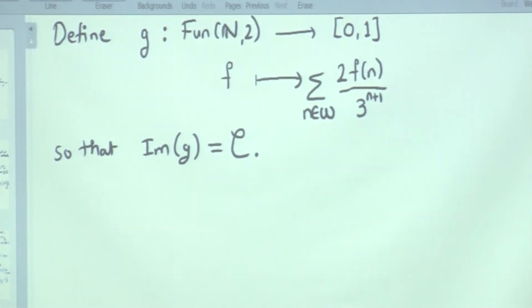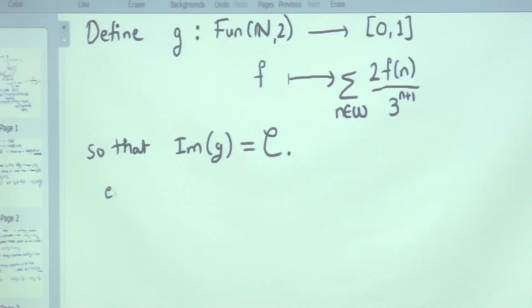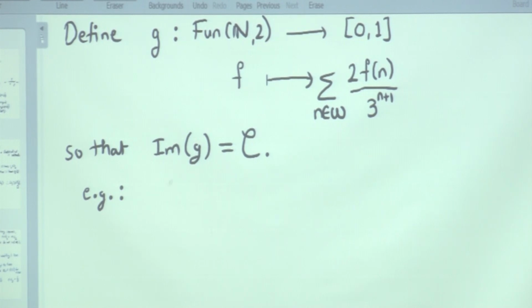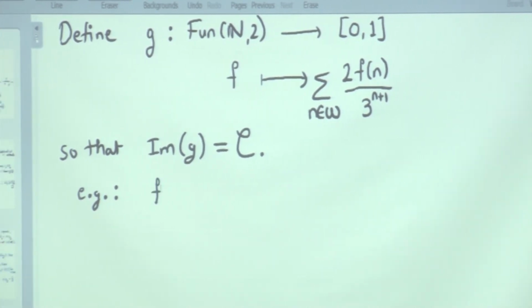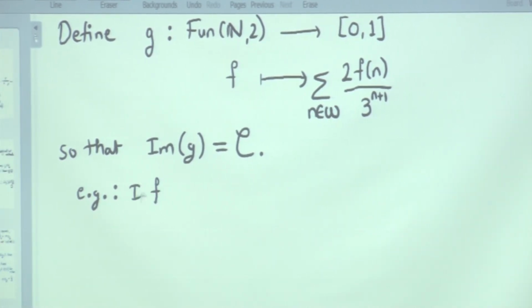Okay, every function, so let me maybe give an example. For example, if f is the sequence 0, 1 and 0, 0, 0. Okay, this is my sequence. What will I map it to?